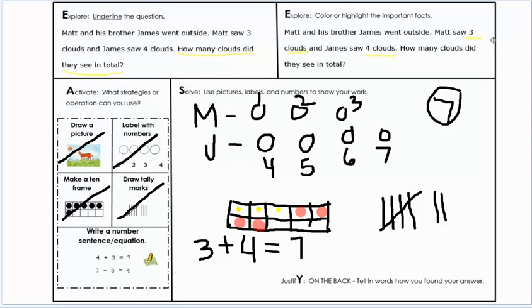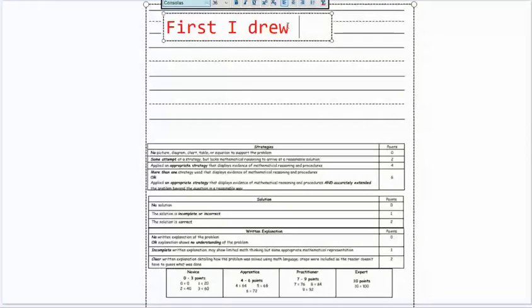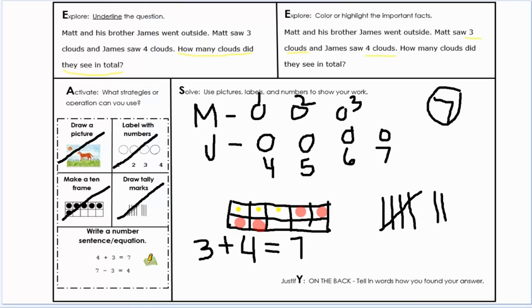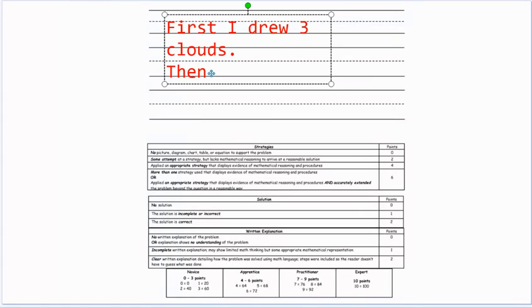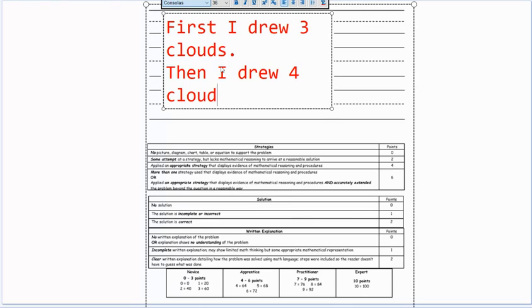Oh, 3. Okay, first I drew 3 clouds. Okay, then how many clouds I drew next? Let's see. Oh, that's right, 4. Okay, so then I drew 4 clouds.